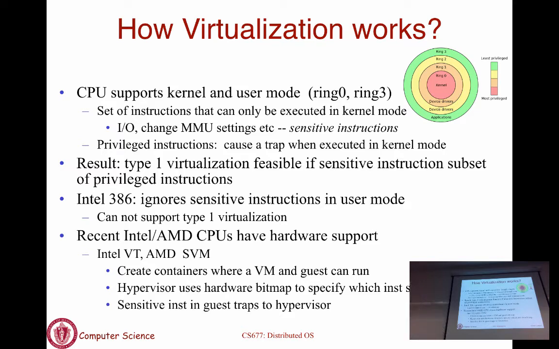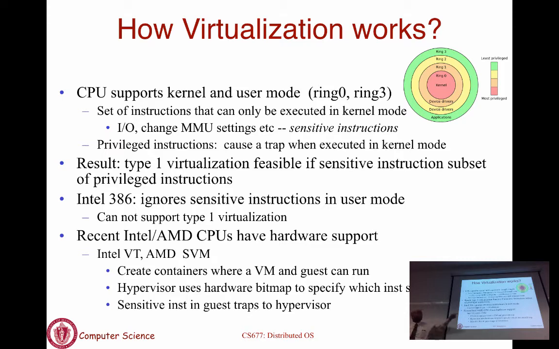In AMD, you have something called SVM, which is AMD's equivalent implementation. What happens in both of these cases is essentially you can implement a bitmap. It allows you to dynamically say, for these instructions, raise a trap. So for every instruction, you have one bit. When your machine boots up, if you turn on VT, you can take all of your sensitive instructions and flip their bits, which will cause traps for those instructions.